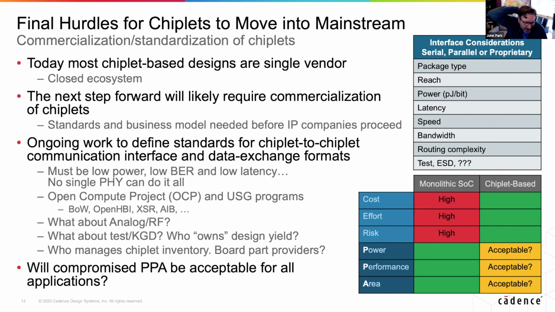There are different working groups looking at the different communication standards. The Open Compute people are working on a standard called Bunch of Wires, or BOW. Xilinx has opened up their HBI, and Intel opened up their AIB bus license-free. So there are emerging standards, and I think it's going to be a few of those as we move forward.